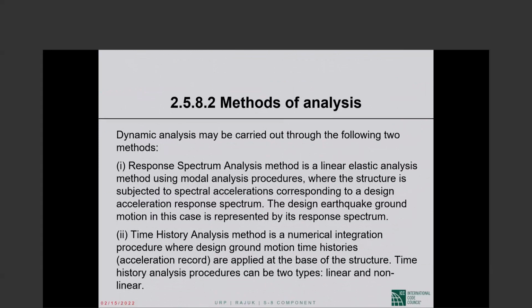Okay, dynamic analysis can be carried out through the following two methods. There is modal response spectrum analysis and time history analysis, what is also called response history analysis. The modal response spectrum analysis is when a structure vibrates, let us say under earthquake ground motion.